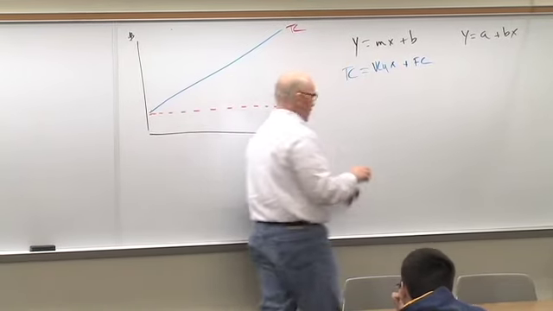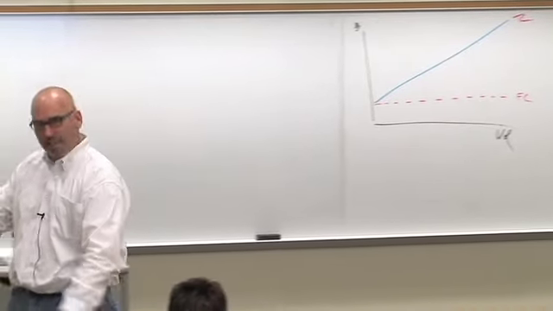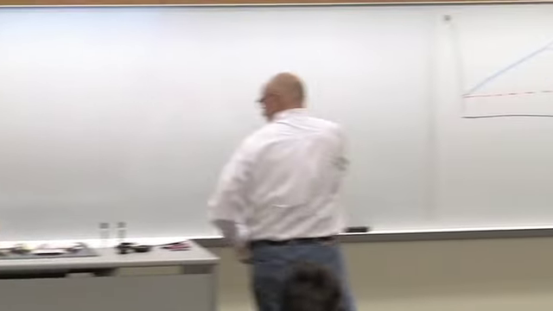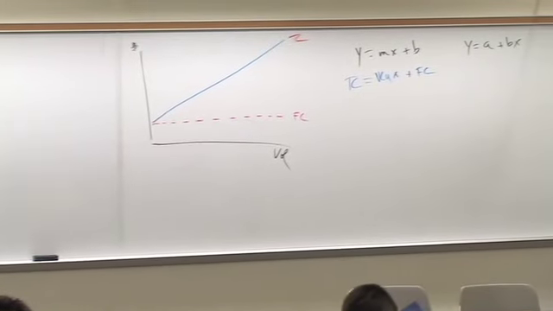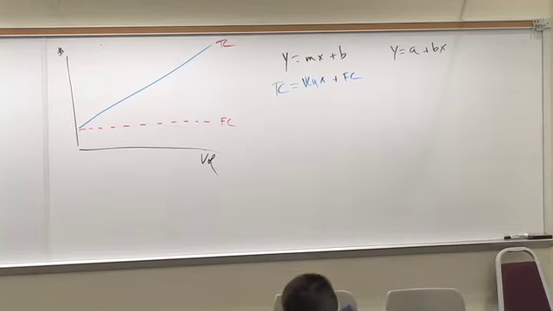So I'm going to try and be careful to differentiate between variable cost in total, VC, and variable cost per unit, VCU. And so that is this in accounting terms.